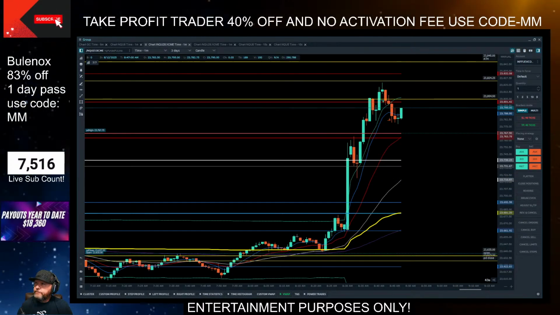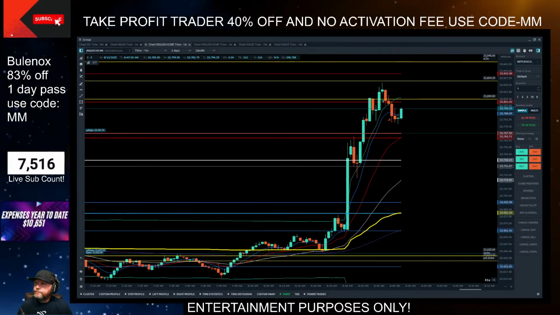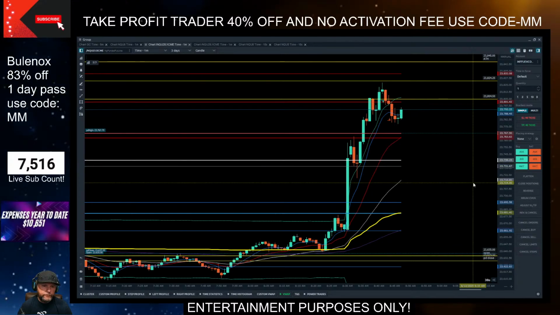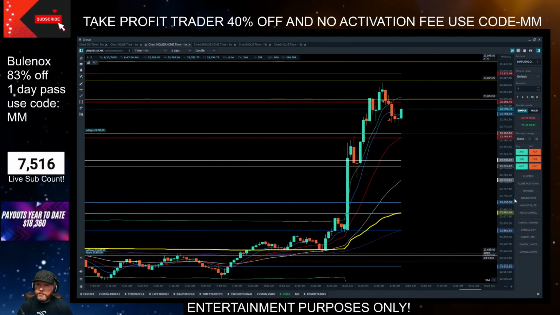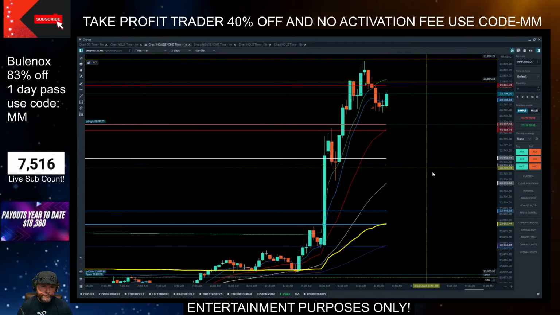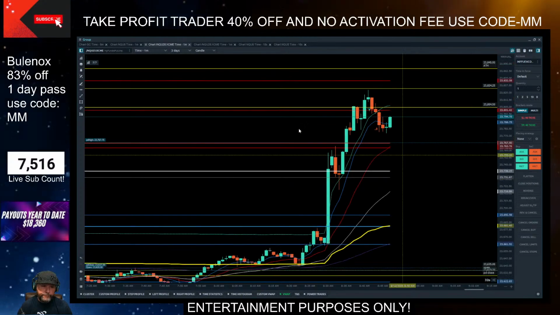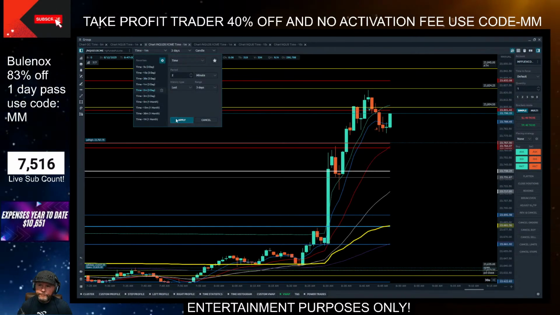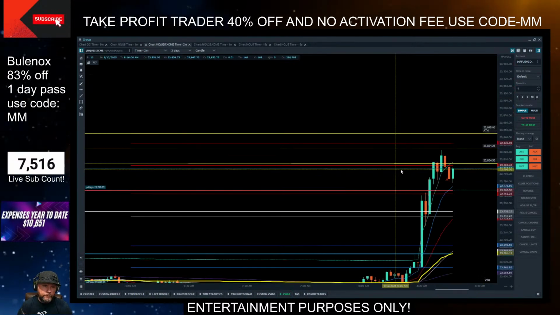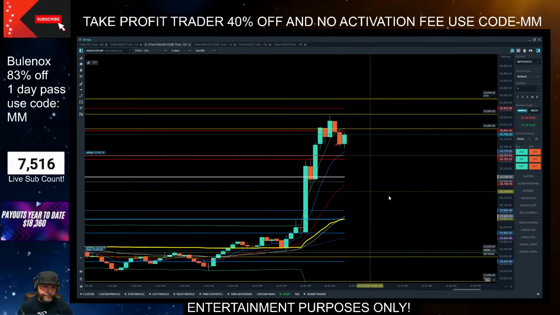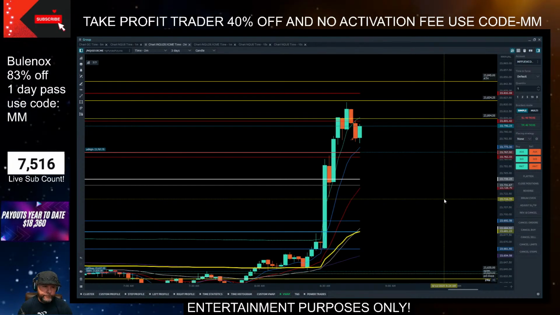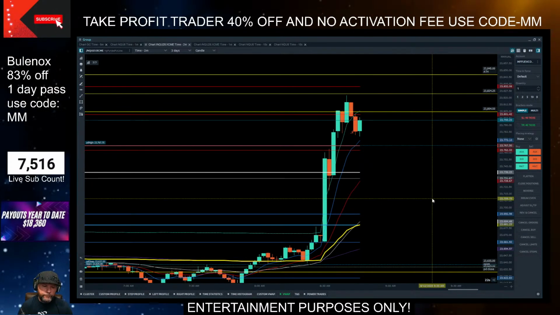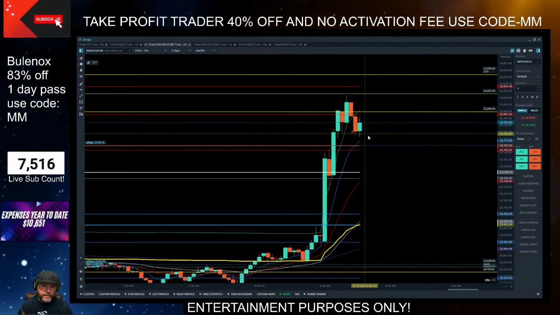See if it can reclaim that 439 level. I think I'm going to stab long here again. Probably. Let's see how this candle closes.